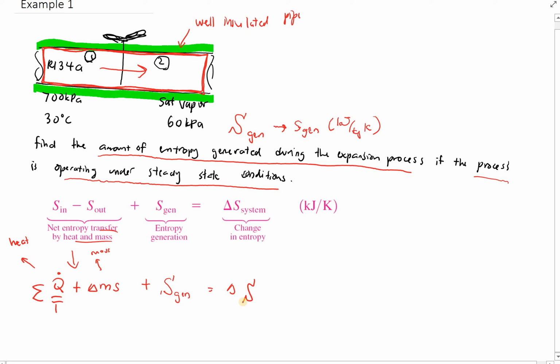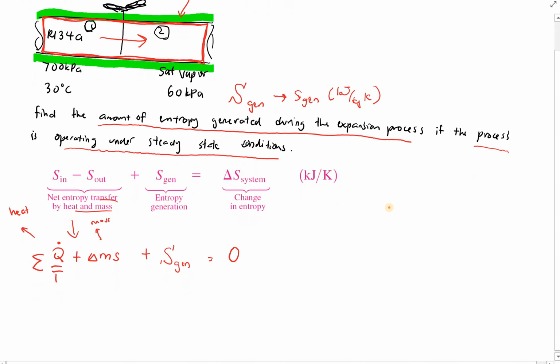In this case, the process happens under steady state, meaning that your change of entropy inside the system does not change with time. So what do you have there? Delta S over T is equal to 0.